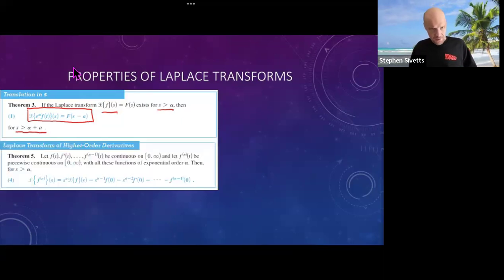The second property is computing the Laplace transform of higher order derivatives.